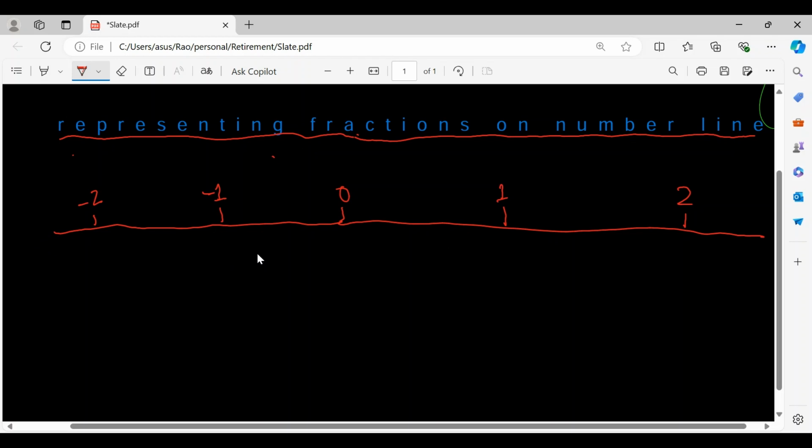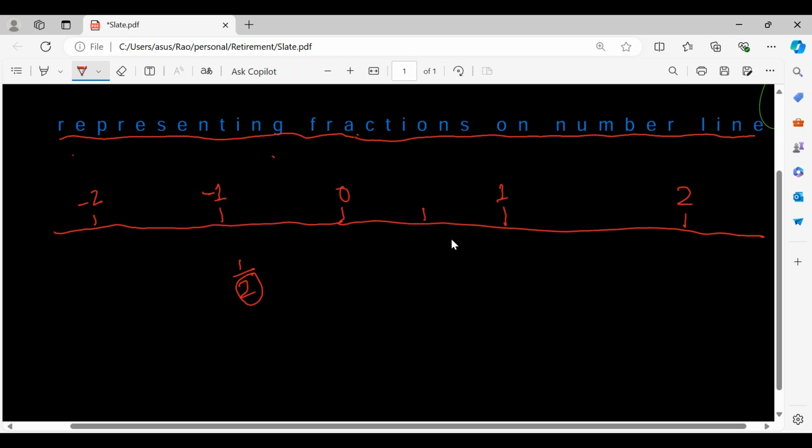And on the right-hand side also, for example, if you have to show 1 by 2 on the number line, this is the 0 and 1, this is the whole part, and the lower part shows that this will be divided into two parts, 1 and 2.